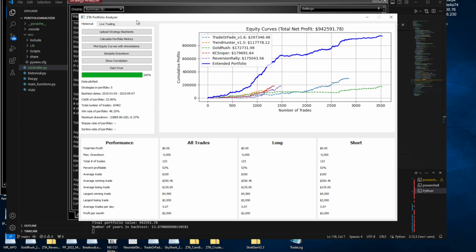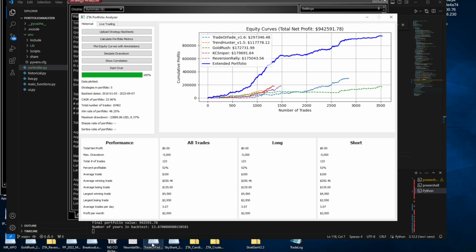So day to day, if you want to know how your portfolio is doing, your best performing algo, or your worst performing algo, that live tab is going to show you some really useful information about which algos are contributing most to your drawdown, which algo has the highest win rate, and so on and so forth. It's a great way to not only model out historical performance and see how a portfolio would have done historically. This live trading tab is an essential tool to help you track on a more granular level how your actual live trading portfolio is doing, right?